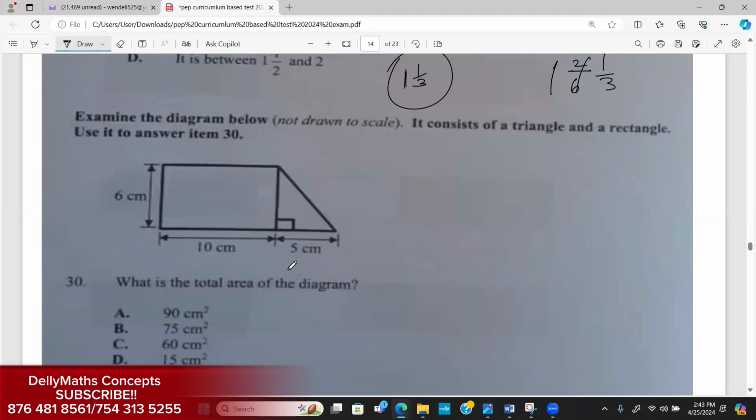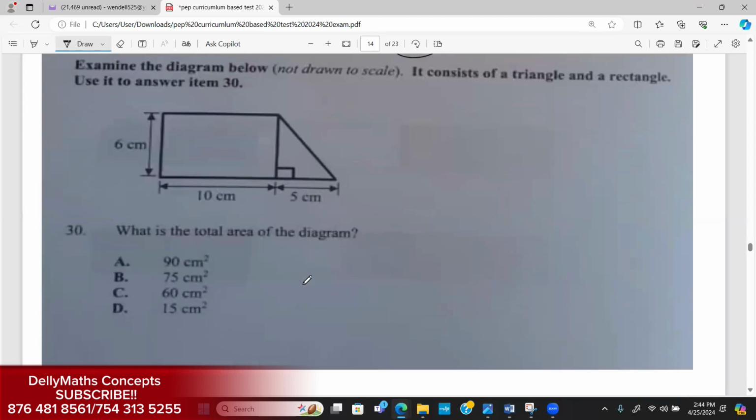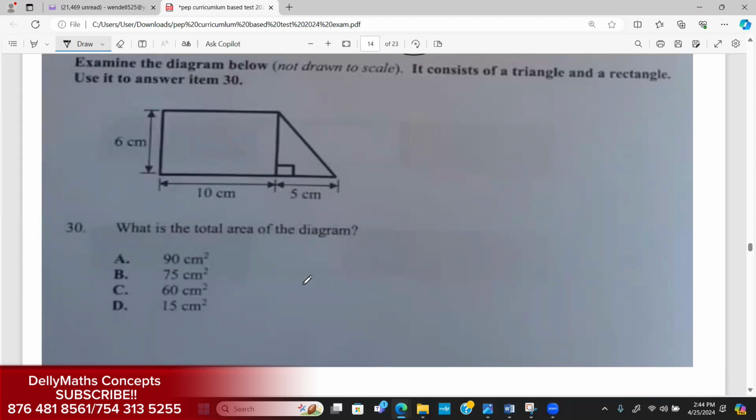Let us keep going. It says here, examine the diagram below. It consists of a triangle and a rectangle. What is the total area of the diagram? There are many ways you can do this, but I'm going to do it in the context of what they have. So the area of the rectangle is going to be 6 times 10, and that is 60.